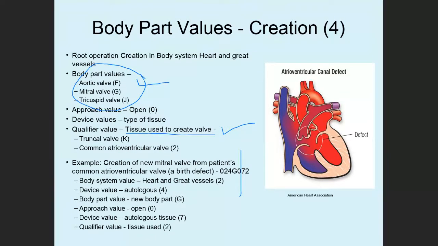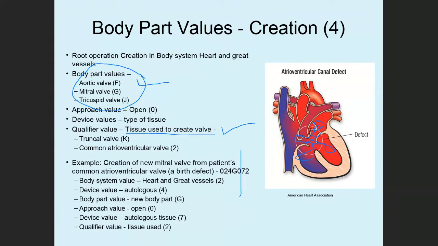So for example, creation of a new mitral valve from the patient's common atrioventricular valve, which is a birth defect. You can see that it's all open between all the chambers, and the blood flows freely between all of them, which is not what you want, because you want to separate the oxygenated and the non-oxygenated.